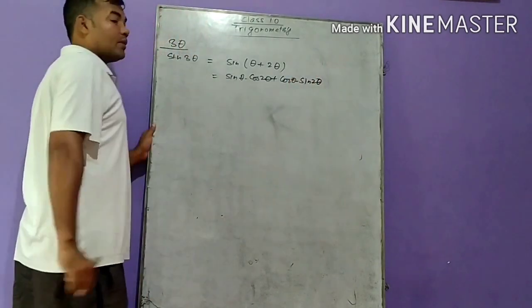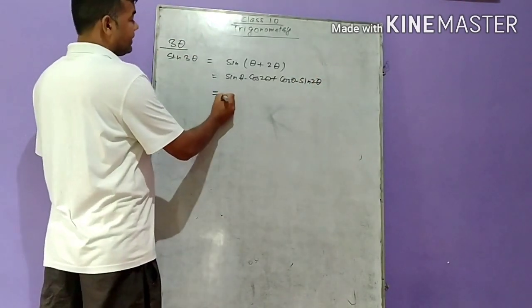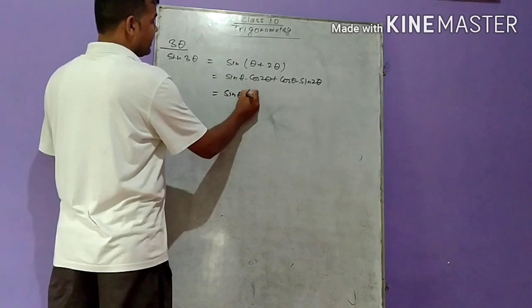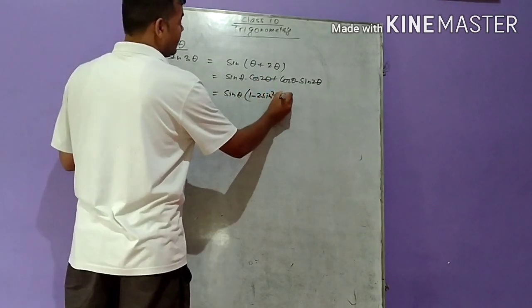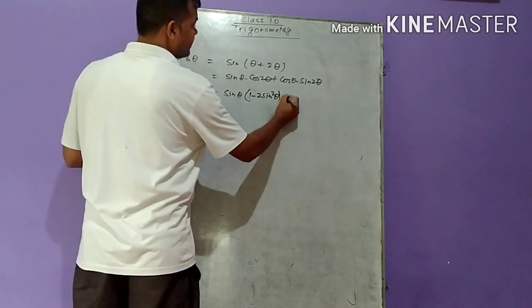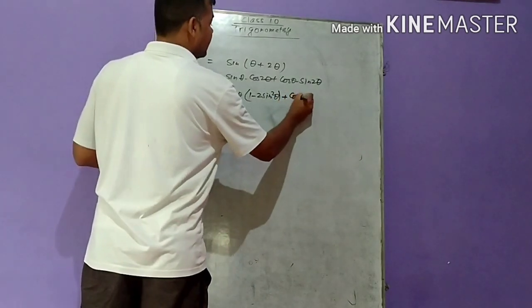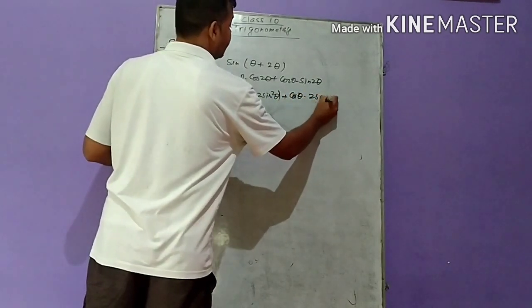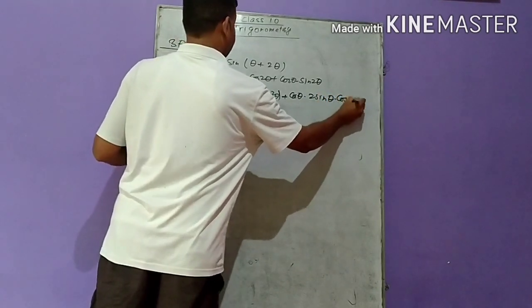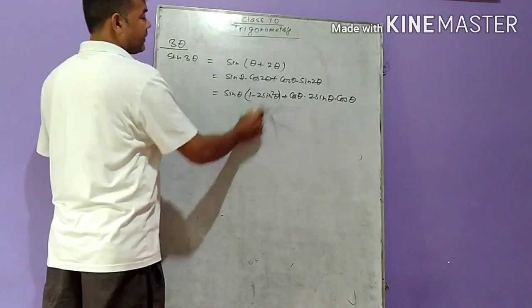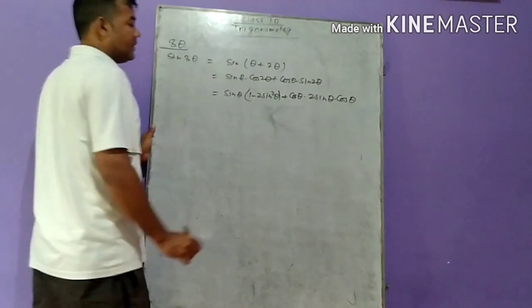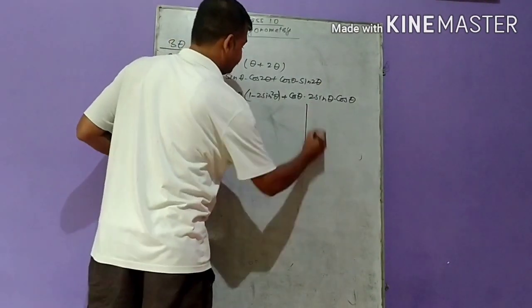This is the compound angle formula. We can write here sin theta into cos 2 theta, which is 1 minus 2 sin square theta, plus cos theta into 2 sin theta into cos theta. Now children, how is cos 2 theta equal to 1 minus 2 sin square theta? Please look here.